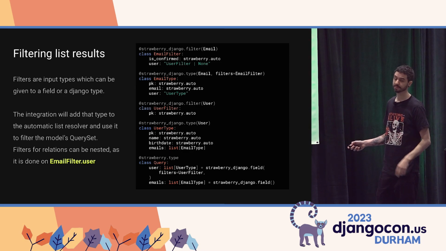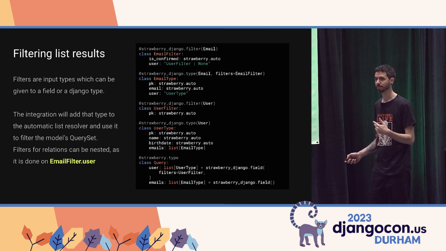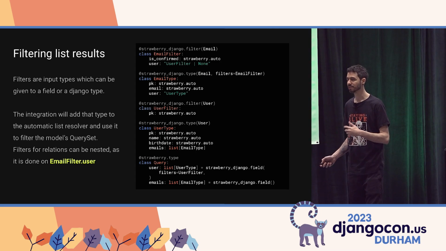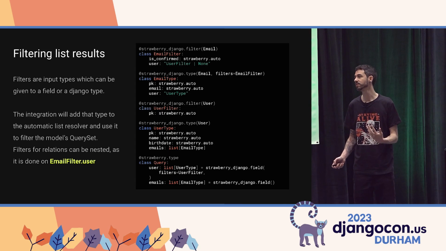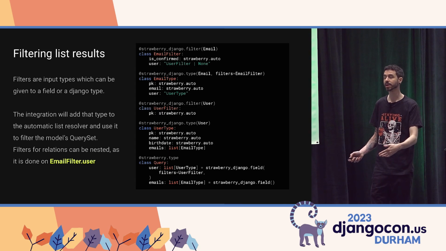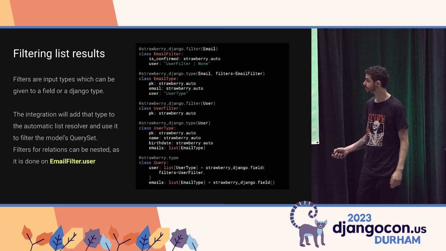I can define filters, and the way to define those is very similar to the way of defining types. Here I am using strawberry Django.filter, which is behind the scenes an input, similar to types in GraphQL, but inputs you can use to pass as arguments to queries.